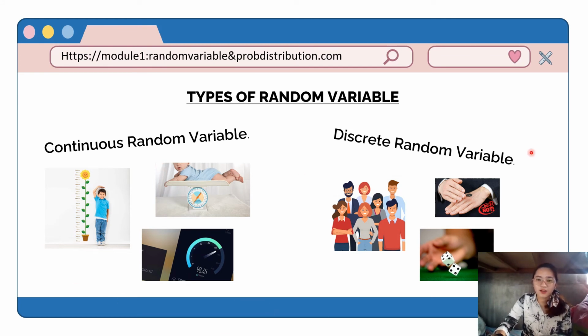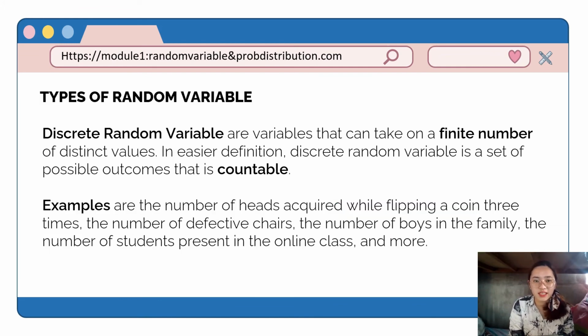Yeah. So, let's have some examples to illustrate and distinguish ang discrete random variable from continuous random variable. Okay, so simulan natin sa discrete random variable. It is variables that can take on a finite number of distinct values. In easier definition, discrete random variable is a set of possible outcomes that is countable.